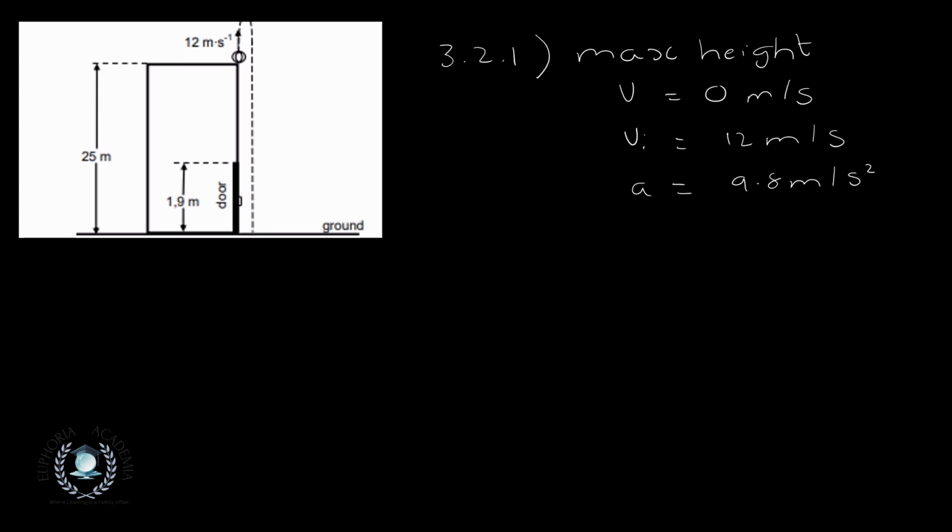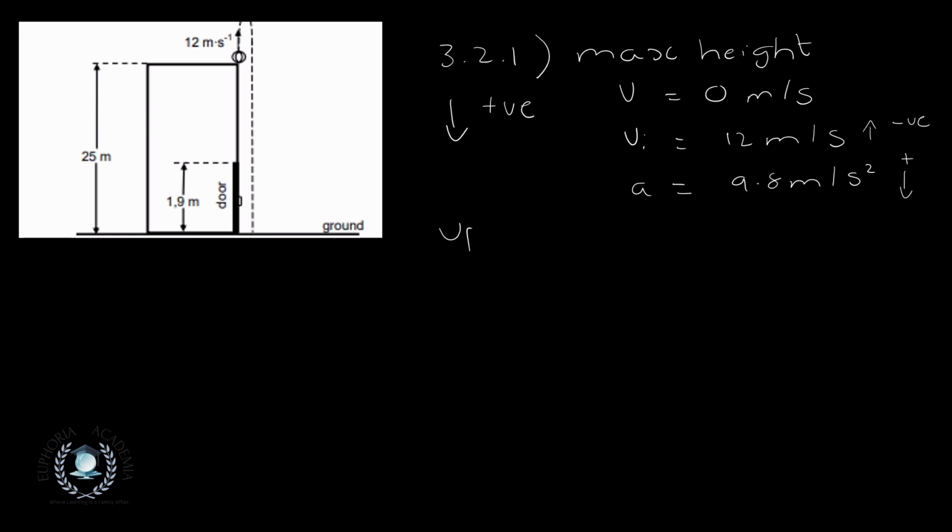Now, I am going to take downwards as positive. And today I'm feeling like being a rebel, which means that this acceleration due to gravity is acting downwards, so it will be positive, while this initial velocity is pointing up and will be negative. Let's see which formula we're going to use.